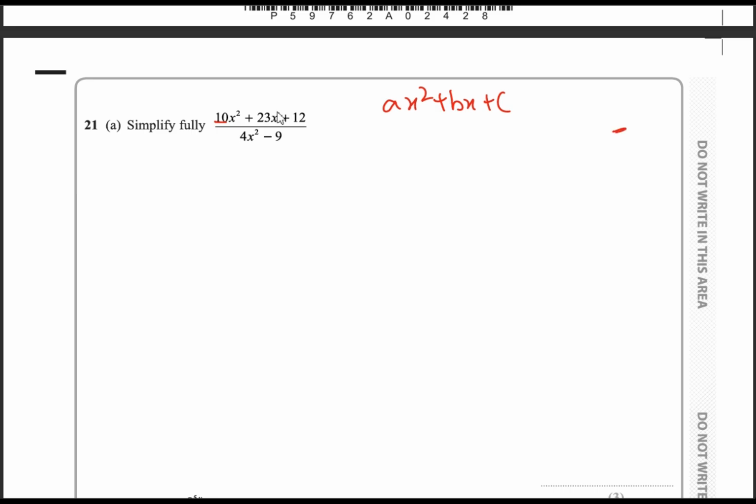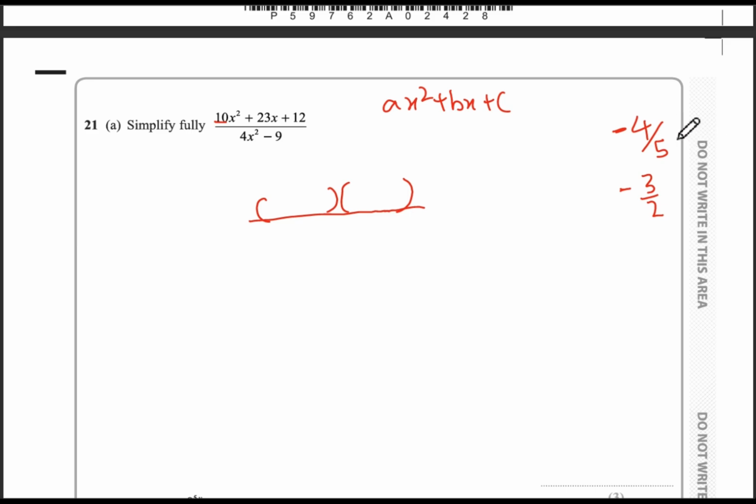This gives you answers of minus 4 over 5 and minus 3 over 2. Now I have to figure out the factors from my answers. First one, minus 4 over 5.